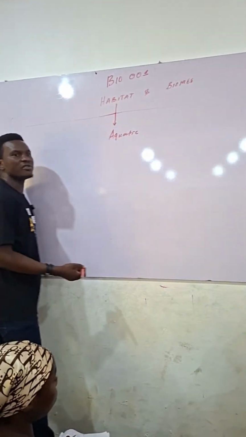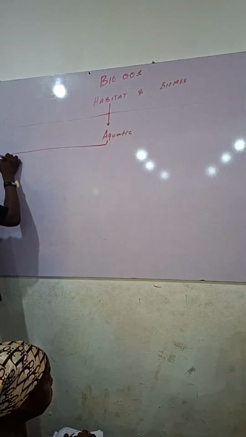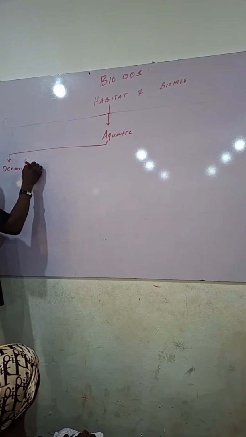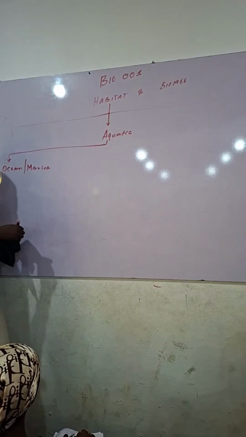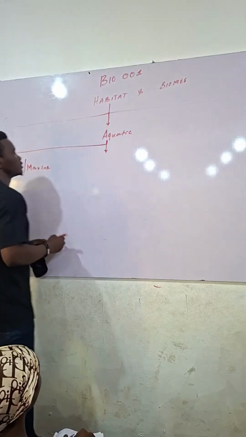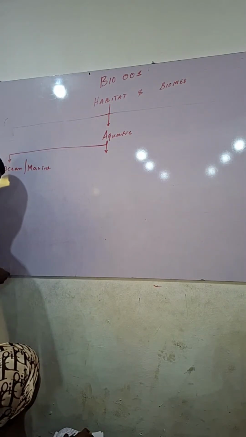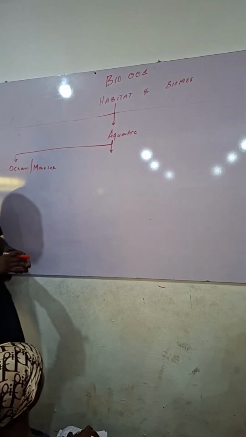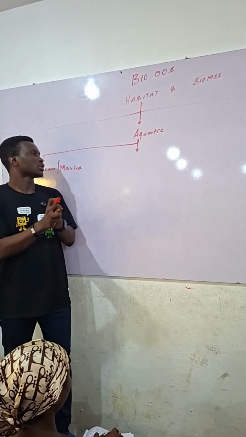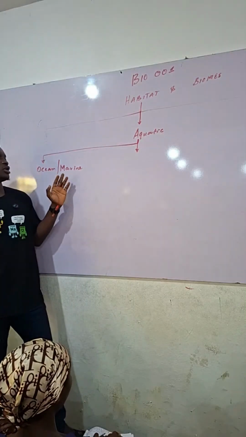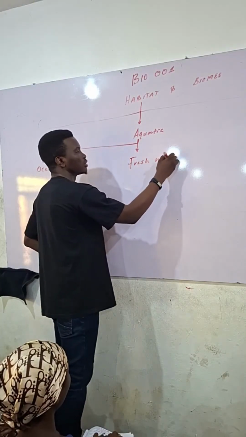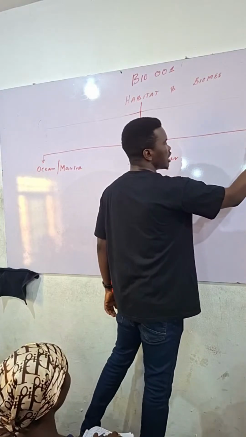You are talking about the water environment. And for aquatic, you have what we call the ocean, Abi, or marine water. What are the types of ocean we have? And what's the largest ocean? You have the ocean, the marine water, you have the freshwater habitats. You have Atlantic Ocean, you have Pacific Ocean.